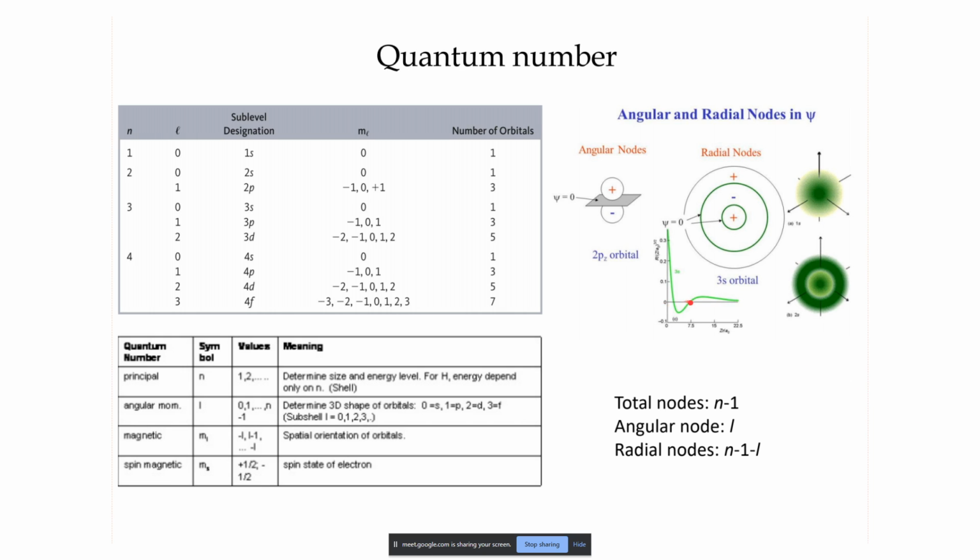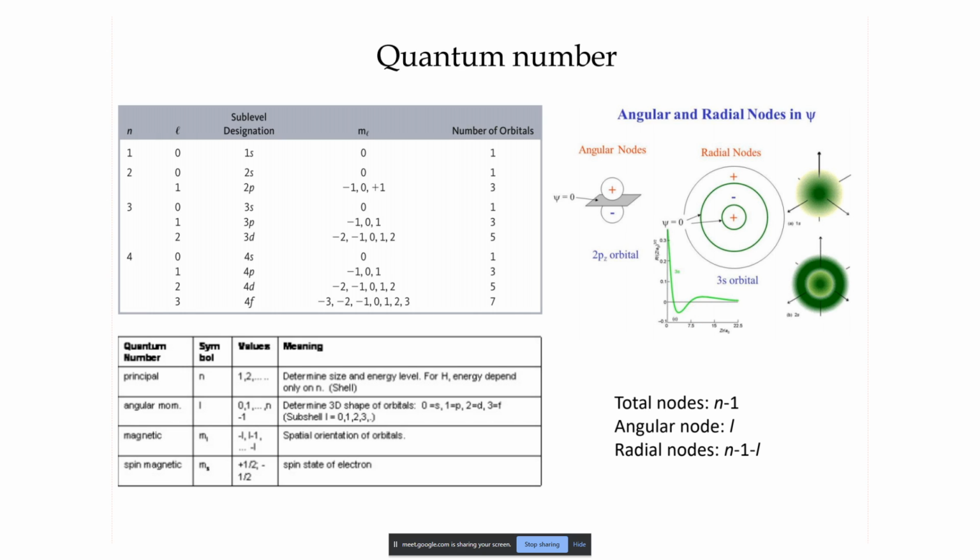This particular plot is a 3s plot, and if you look at this sublevel designation chart here, 3s corresponds with n equal to 3. If you calculate your total nodes, it'll be 3 minus 1, so you have 2 total nodes. If you look at this diagram, the line crosses the origin twice, so you know that this is a 3s plot.